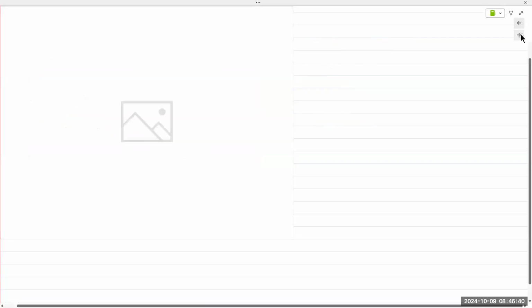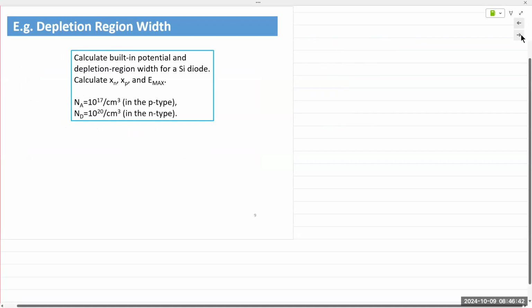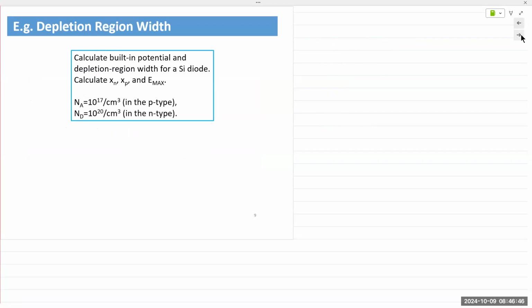All right, so let's look at a straightforward example. If you have calculators, I would suggest you take them out now. You're asked to calculate the built-in potential and the depletion region width for a silicon diode. Then we're asked to calculate Xn, Xp, and Emax.